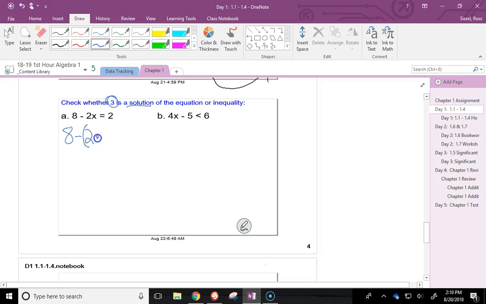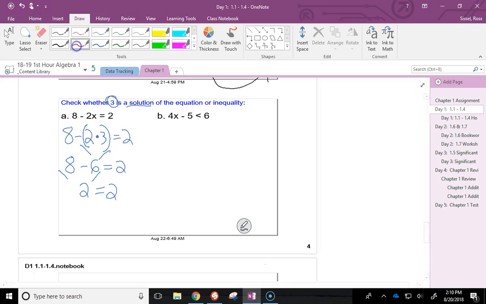So I'm going to put parentheses. I guess I don't have to put parentheses, but that's okay. And then I'm going to solve. 2 times 3 is 6. So then 8 minus 6 equals 2. 2 equals 2. This one is yes. 3 does make this a solution for our equation.